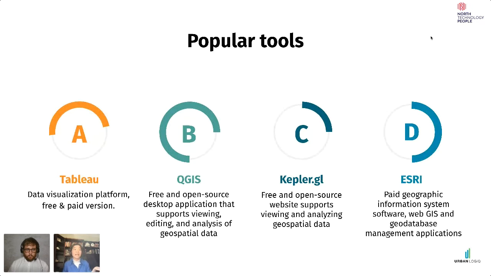And the last one is Esri. Esri is actually a very popular tool for GIS, for people working specifically in geospatial data for government. Because lots of the time they don't know how to write code, they use this tool to help them map things.